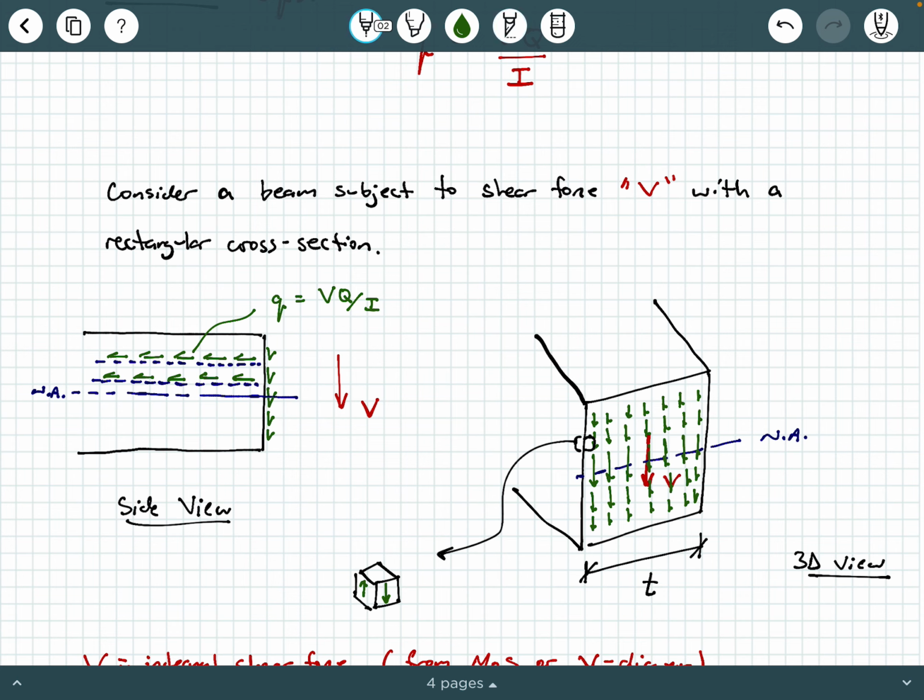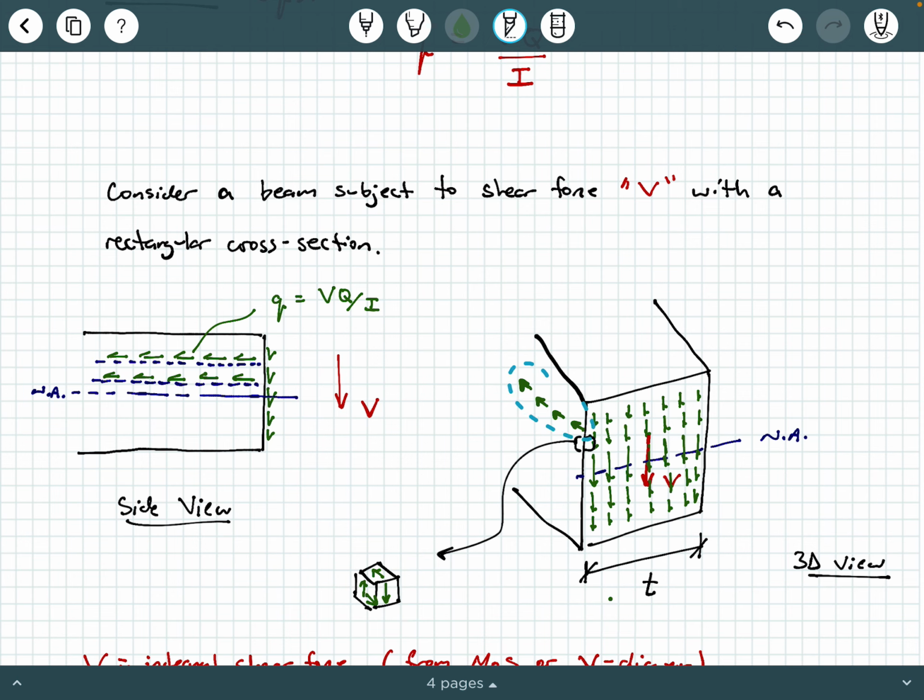Now on the back face of this, I'm going to have tau going the opposite direction. This is a back face back here, okay? Now, for this little element to be in static equilibrium, I'm going to need another vector here and another vector on the bottom face. So by Newton's third law, you're going to get these vectors that are transmitted longitudinally along the length of the beam.